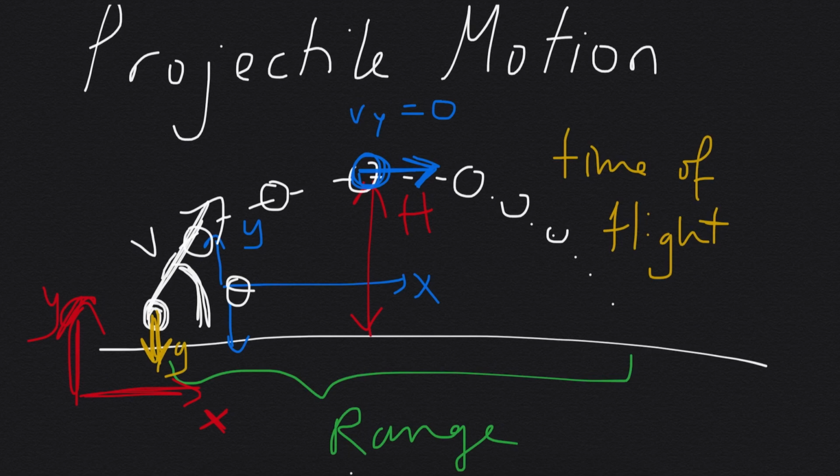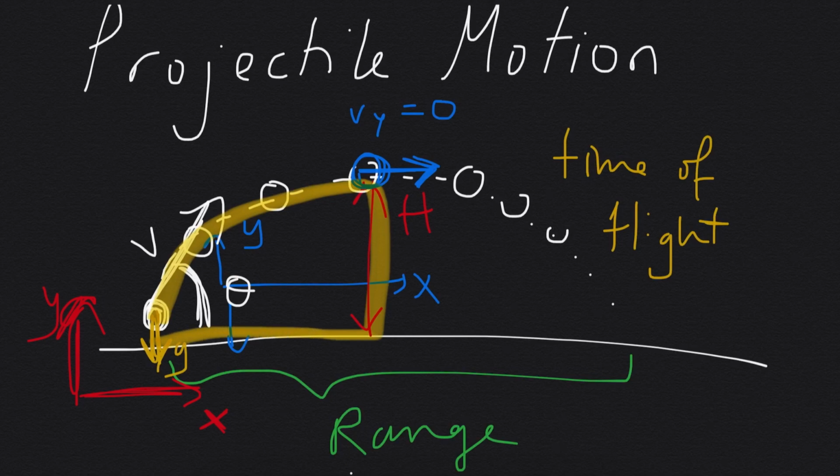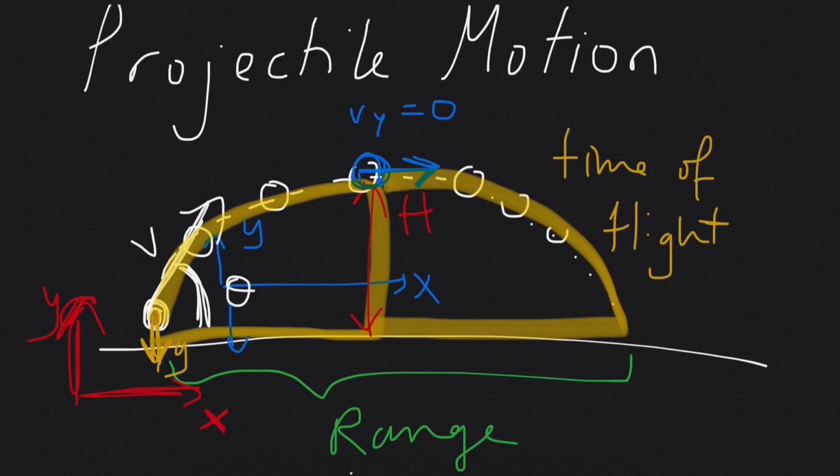Now, if you look at this graph, there's a big hint. It's actually really showing you something interesting. This whole thing over here and this little portion over here, they're symmetric, they're equivalent. So the time it took for the projectile to reach its maximum height is just a half of the total time of flight.